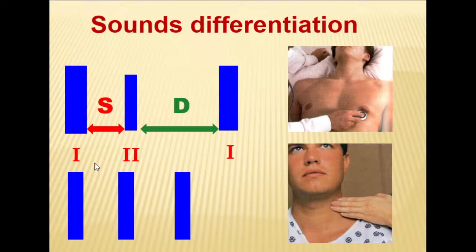Sound which appears simultaneously with vibration carotid artery will be first, because systolic sound will feel vibration of carotid artery or its pulsation because ejection of blood, which is corresponding of systolic period, and give first sound.